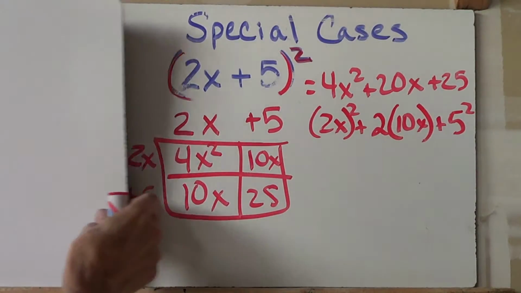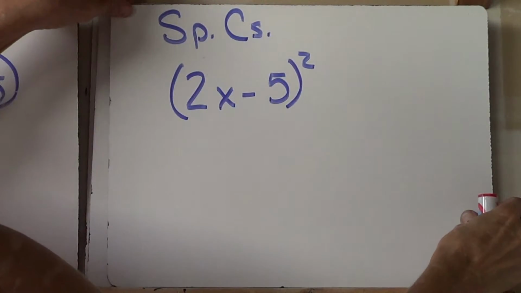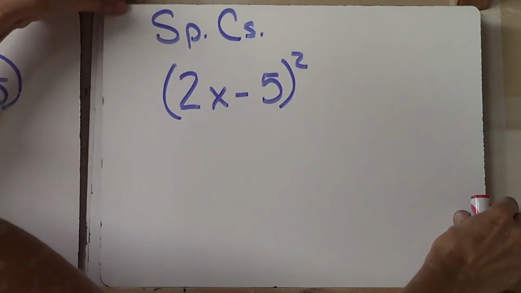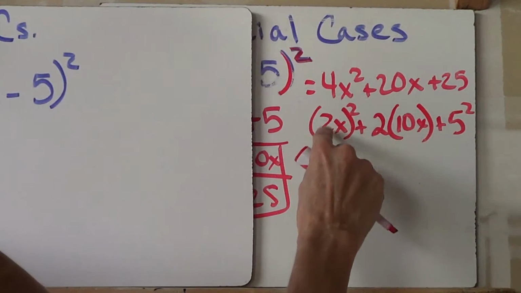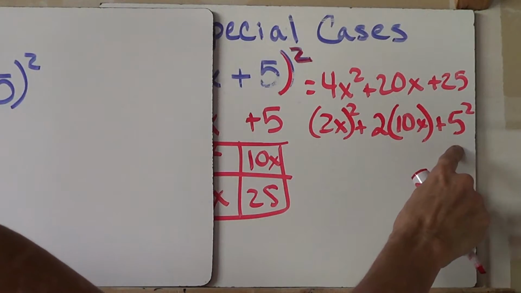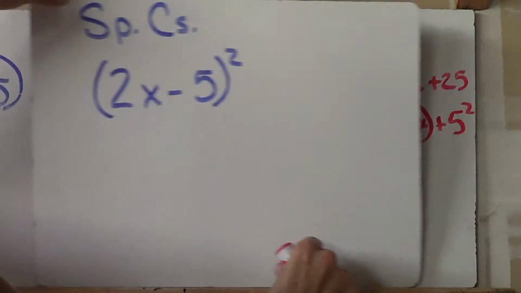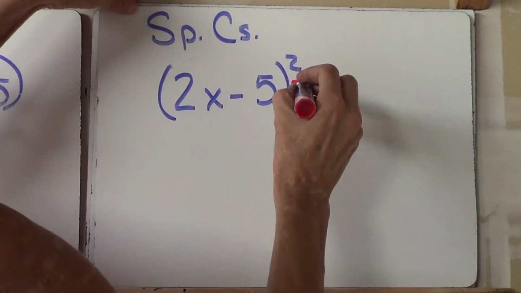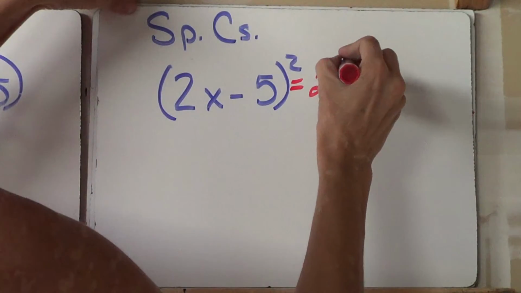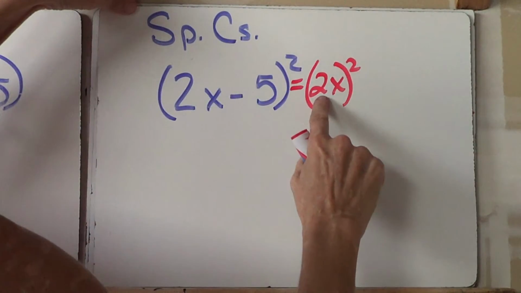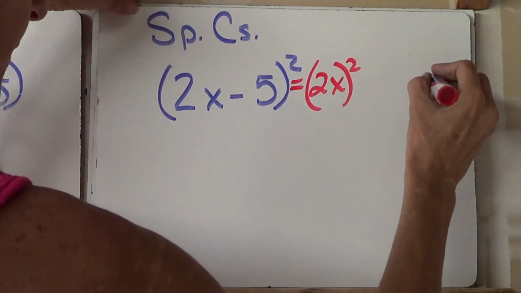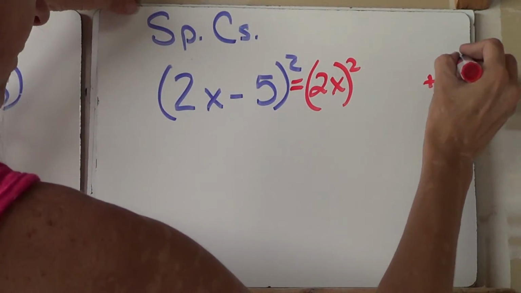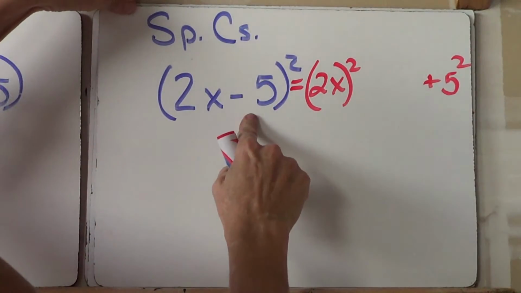It's almost the same. So if we follow this pattern here of squaring the first, squaring the last, and then bringing in the middle term, there's only one thing different. We'd have 2x squared. Make sure you square the 2 with that. You have a plus 5 squared, from the back.